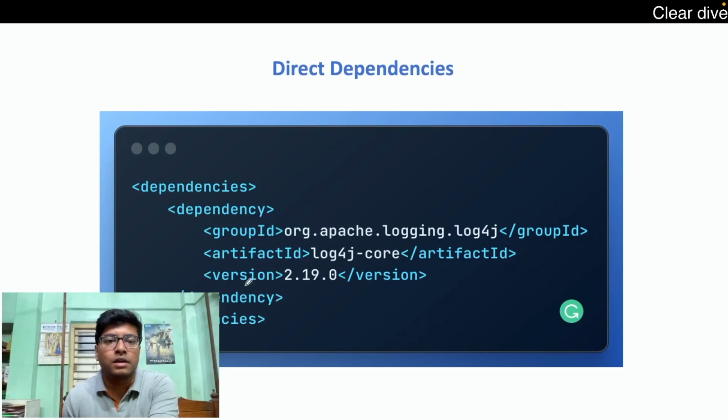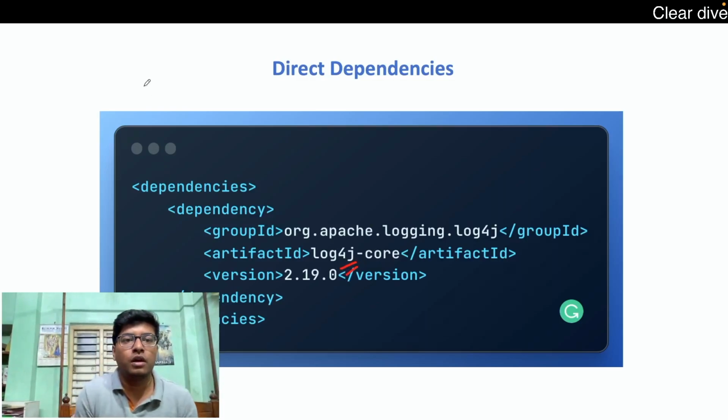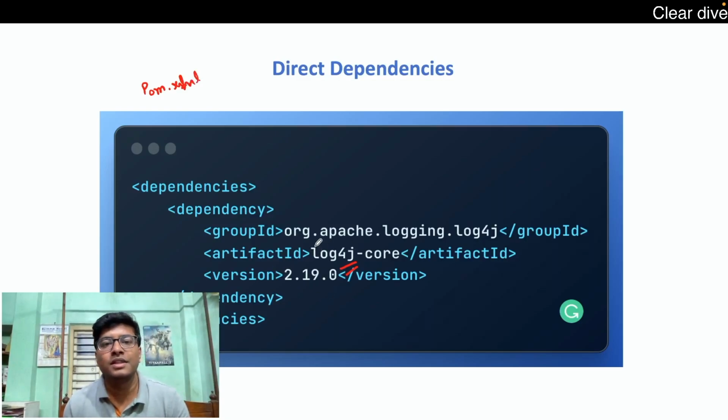Let's say our application depends on log4j for its logging purposes. In our pom.xml, we will specify this one, and it will fetch this particular version and work with it. So this is a direct dependency. Our application is directly dependent on log4j.